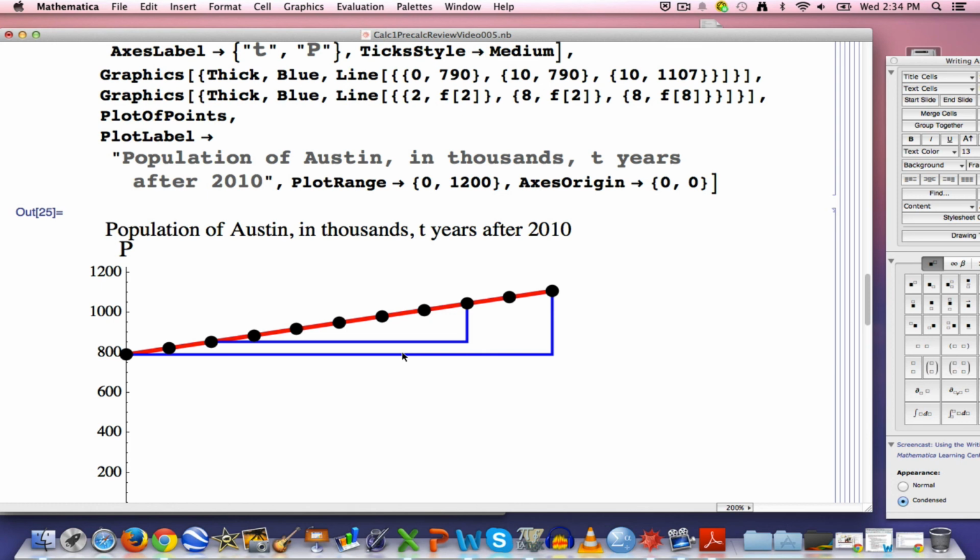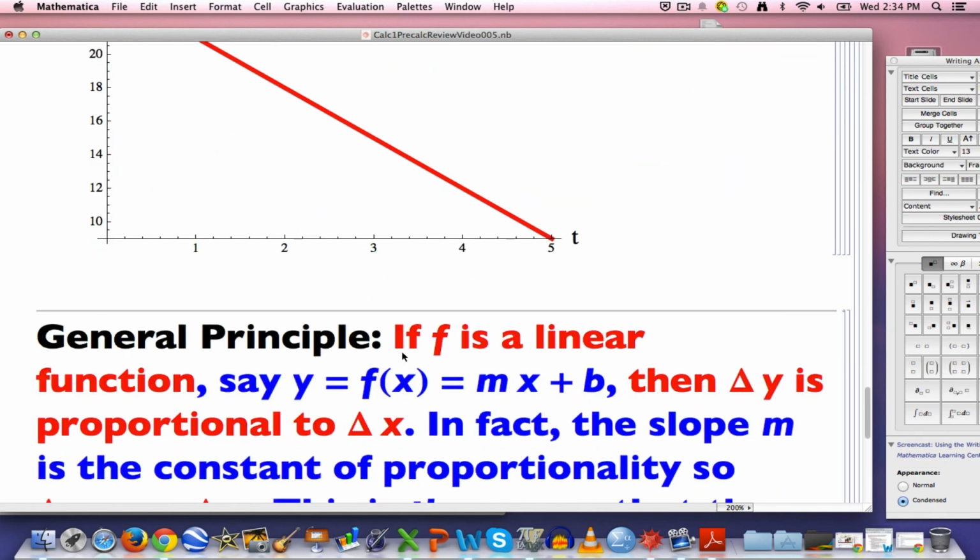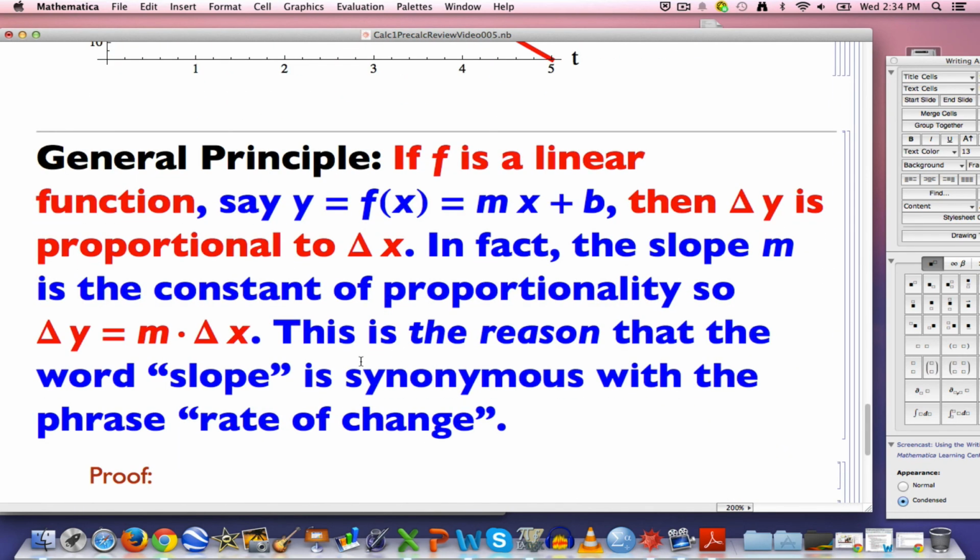That is a visual geometric illustration of my general principle here, that m is that constant of proportionality. In fact, of course, if you take this equation and solve it for m by dividing both sides by delta x, you get the definition of slope. You get m equals delta y divided by delta x. You get rise over run. And it doesn't matter what 2 points you pick. And with that, I'll end this video.